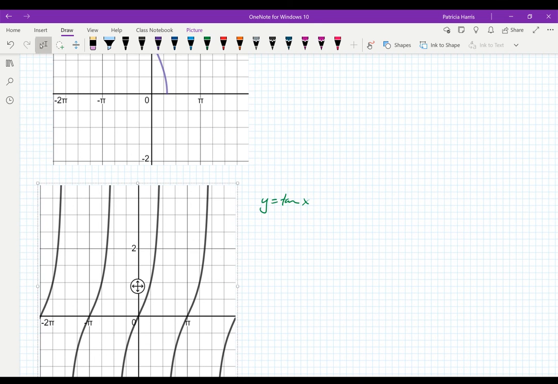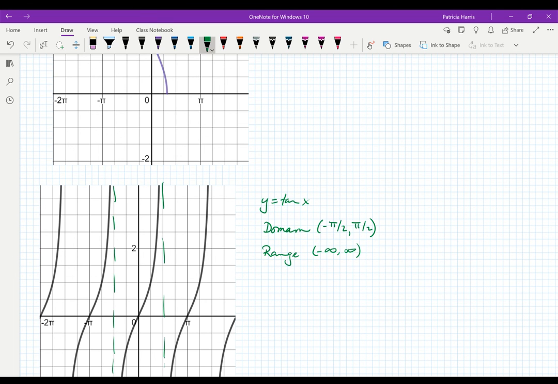So instead of looking at the entire thing, what we do is we look at tangent. Its domain is negative pi over 2 to positive pi over 2, and its range is negative infinity to positive infinity. So when we do this, we're only going to look at this bit.